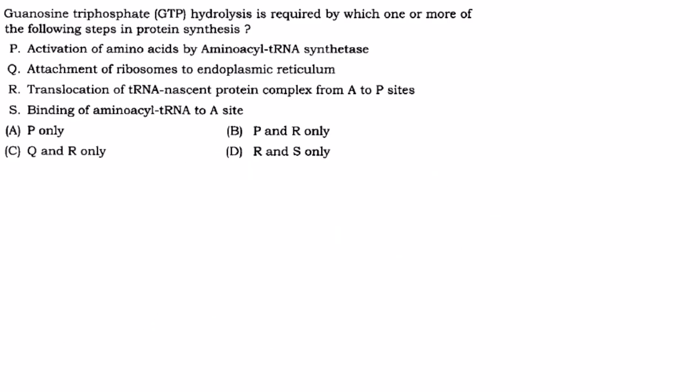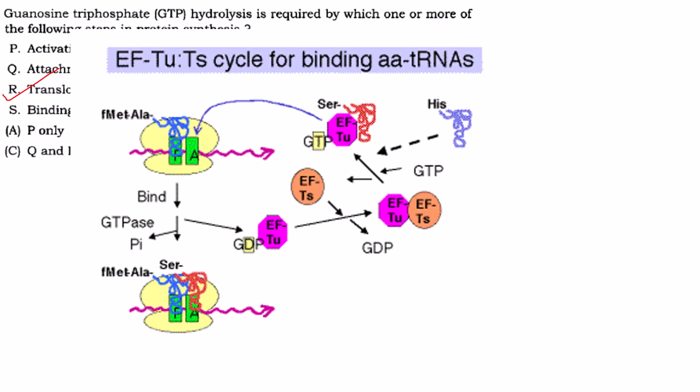That requires GTP. Then next one, binding of aminoacyl tRNA to A site. Now that is with regard to your EF-Tu/Ts cycle for binding aminoacylated tRNAs.